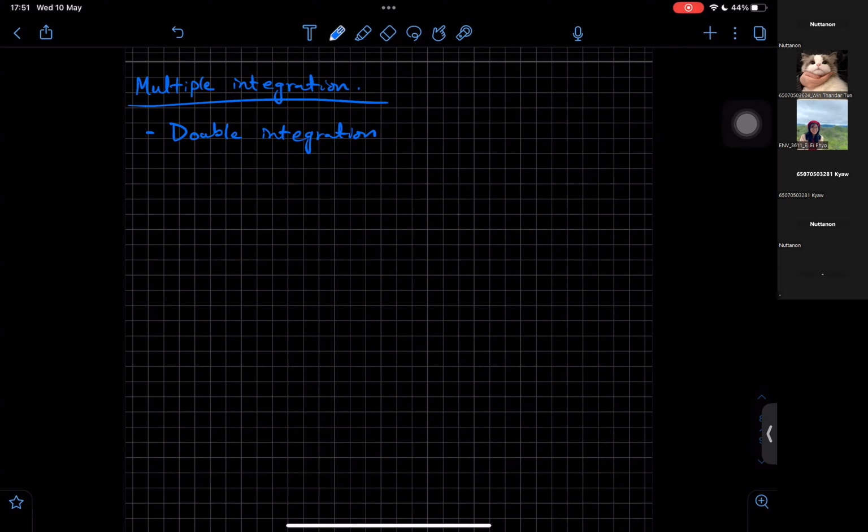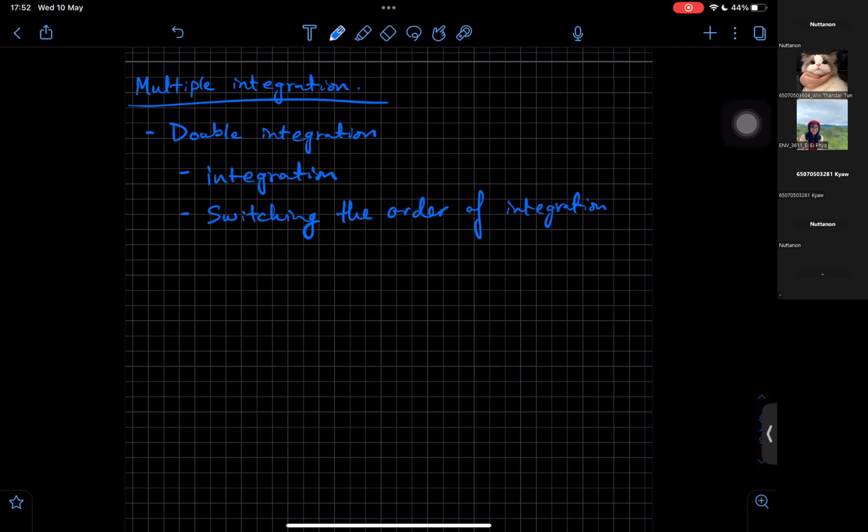And one thing that you need to know is evaluating the integration, and switching the order of integration.